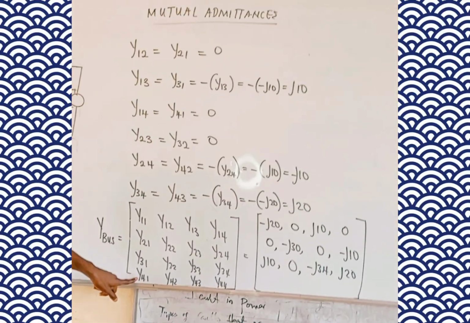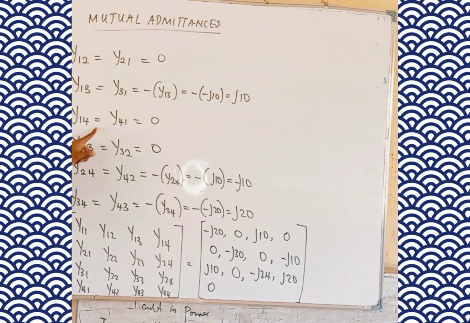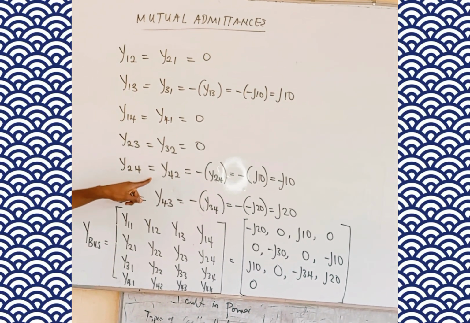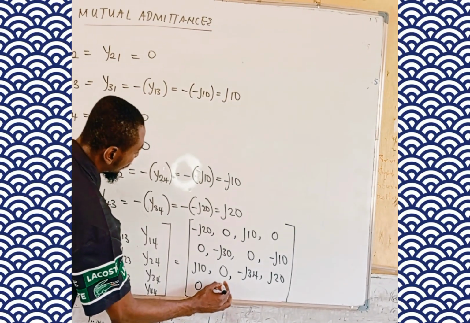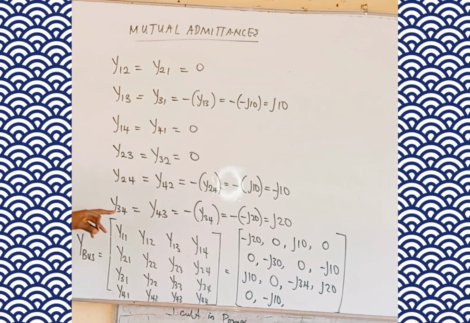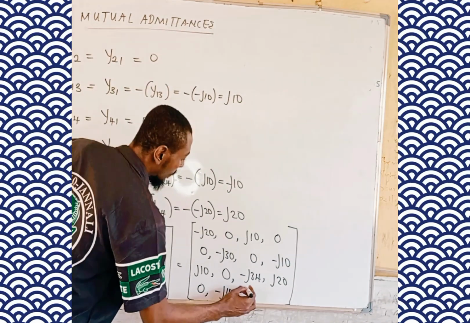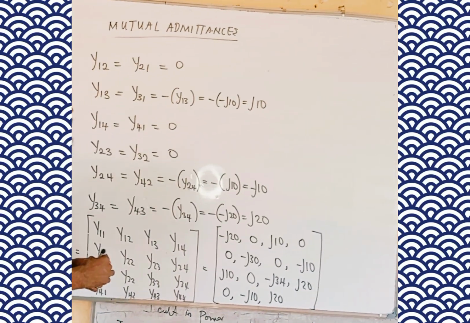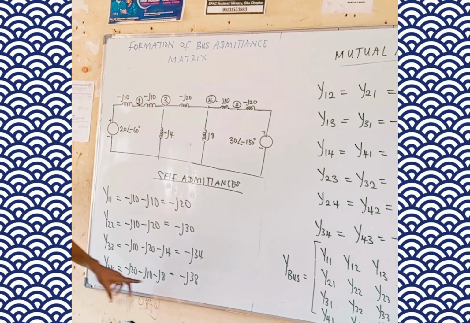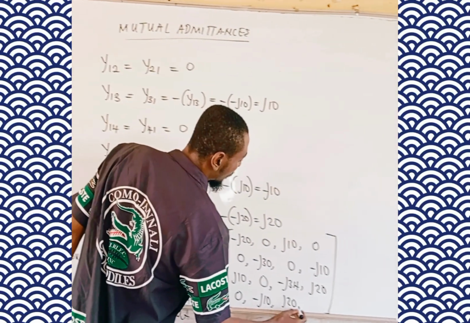Then y41, is it connected? 0. y42 is minus j10. y43, of course, same as y34, so we have j20. Finally, y44, the last self-admittance, that's minus j38.